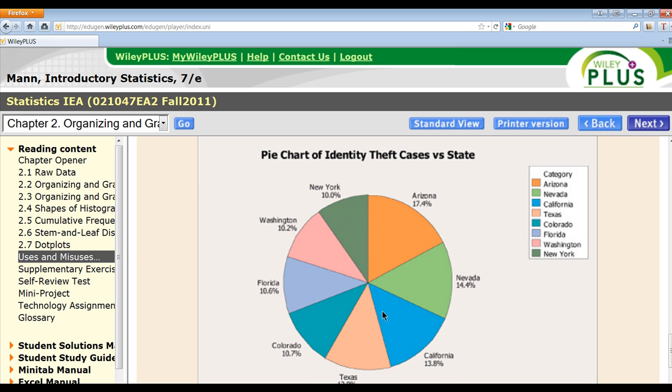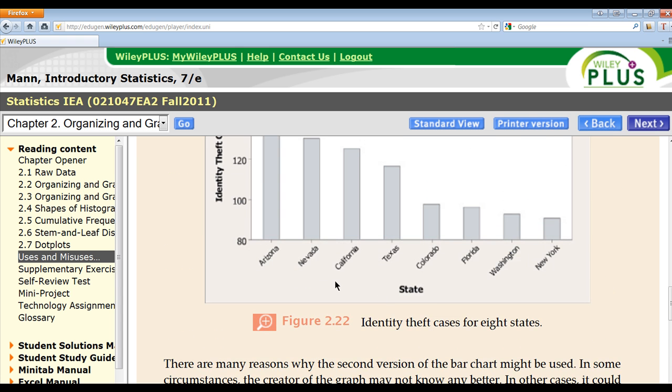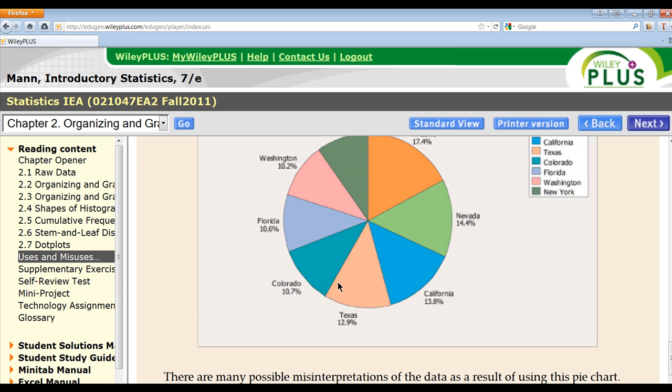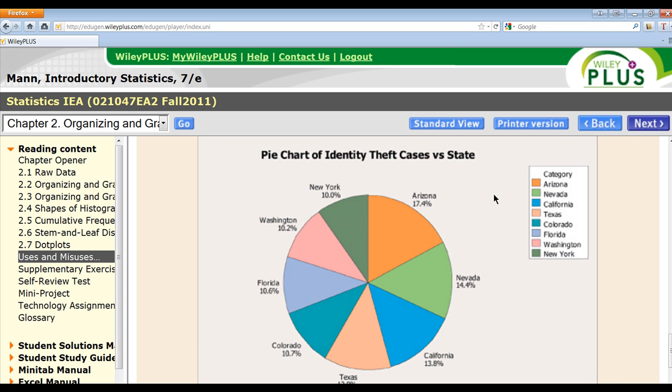But you could make this pie chart from this data.